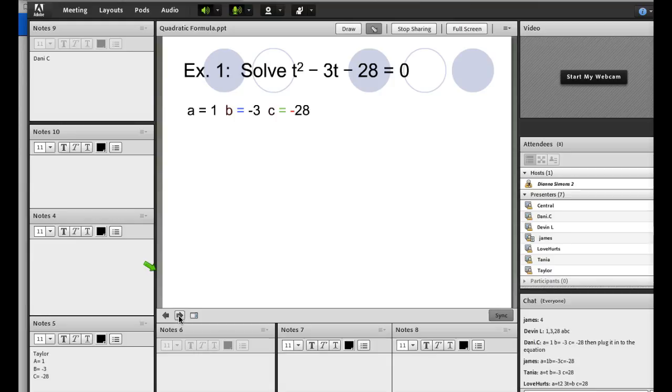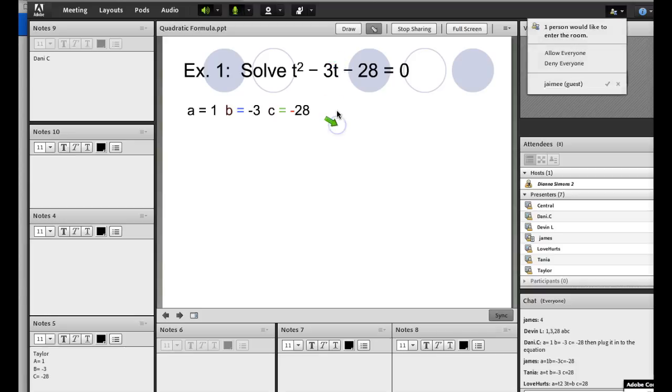So A is 1. Remember, there's not a number in front of that t squared value. So if there's not a number there, it means it's a 1, okay? In algebra, not to confuse you too much, but everything is raised to a power, and this power is 1, okay?